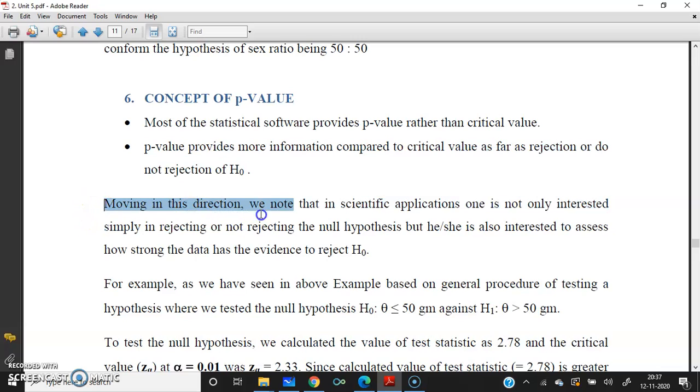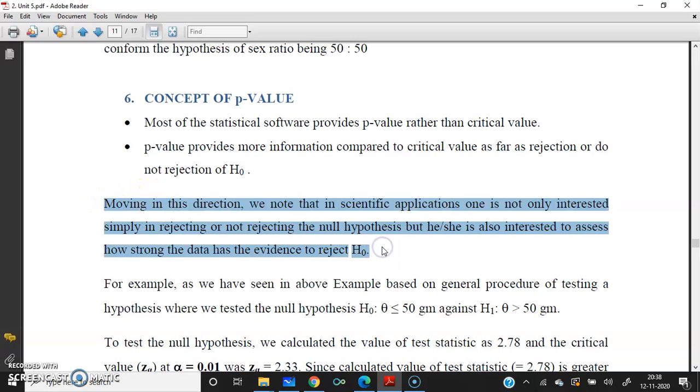In scientific applications, one is not only interested simply in rejecting or not rejecting, but also in assessing how strong the evidence in the data is. Of course, reject or do not reject is there, but how strong our decision is, that is given by the p-value.